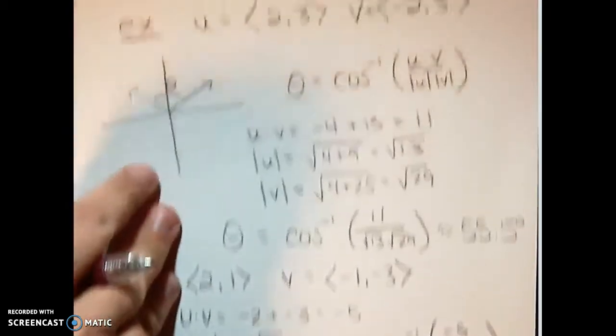Then the last thing in this section, even though there's a bunch of other things in the section about work that are kind of neat if you want to look into it, like projecting one vector onto another, with some cool stuff dealing with physics.